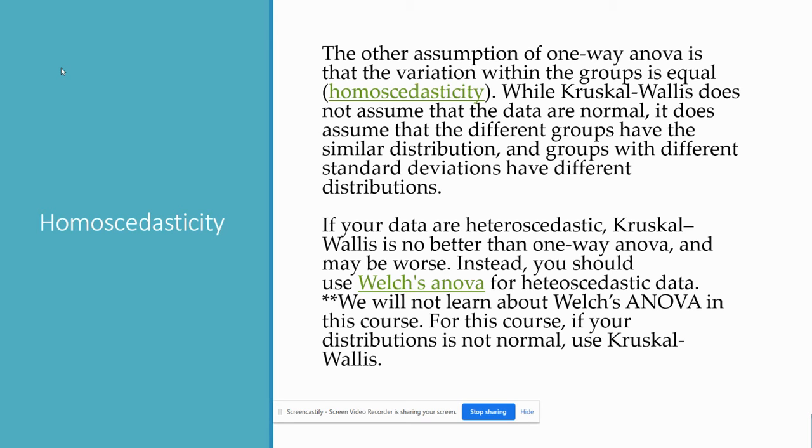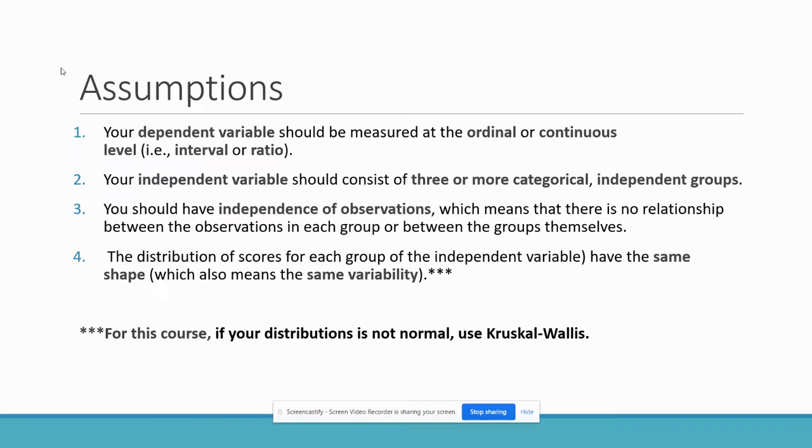So instead, you run something called a Welch ANOVA, but we're not going to worry about that in this course. So for this course, if your data is non-normal, use the Kruskal-Wallis test. I just really want you to see how to use it and how, when you look at data, you need to see, is it normal, non-normal, and then what the distributions are.